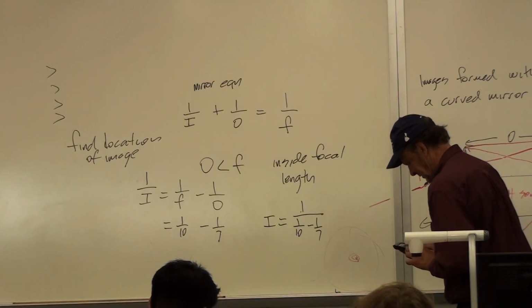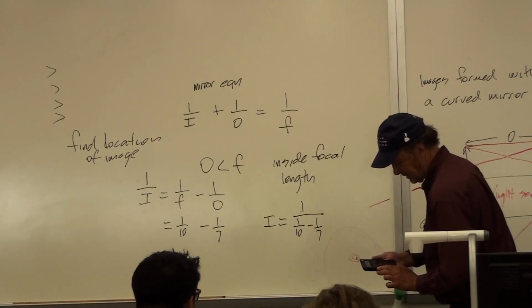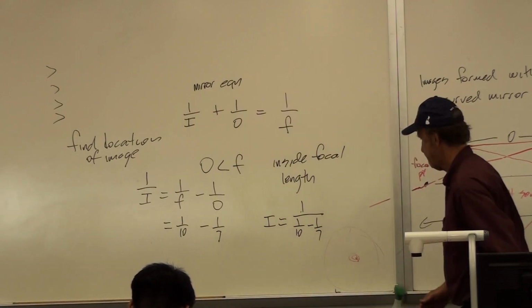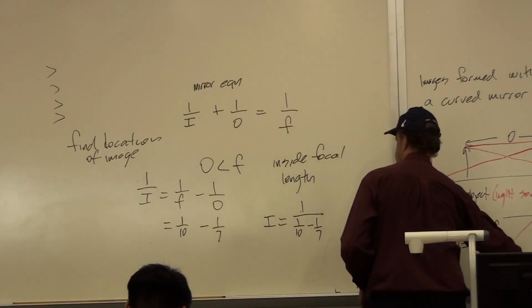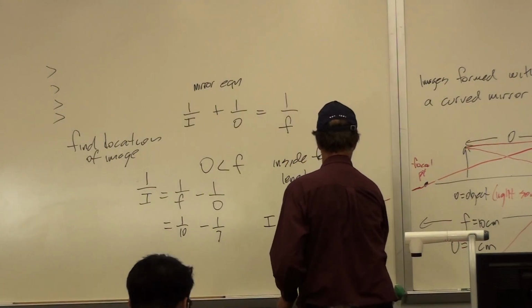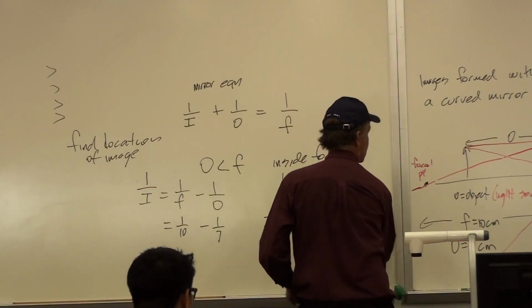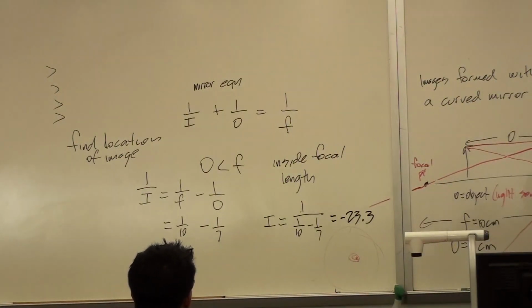And so that gives me 23.3 with a minus sign in front of it. So that's how far away we are on this side.